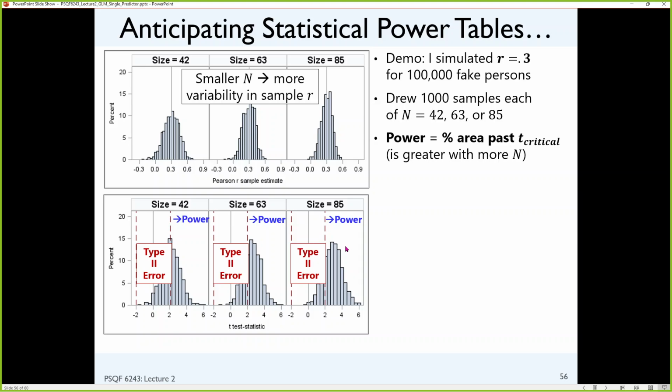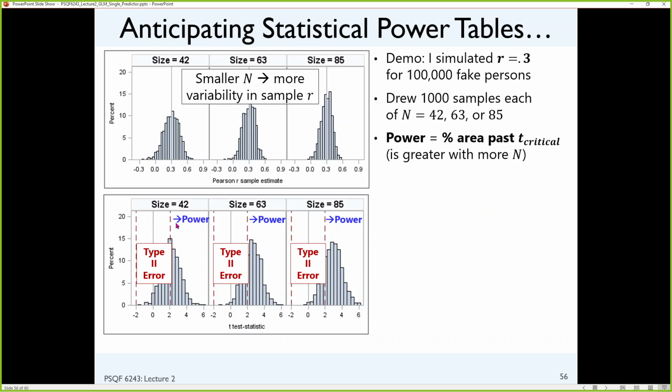But because it's absolute value, there's 2 of them. There's a goalpost on the negative side, there's a goalpost on the positive side. The line in the middle is 0, the null hypothesis. So power is the percent of the time that you would be past the goalpost, in the right direction in this case. The rest of the trials that didn't make it past the goalpost are your type 2 errors.